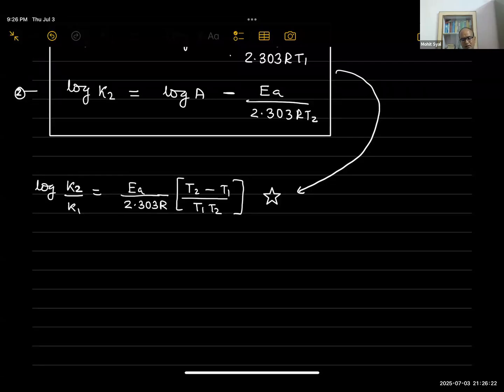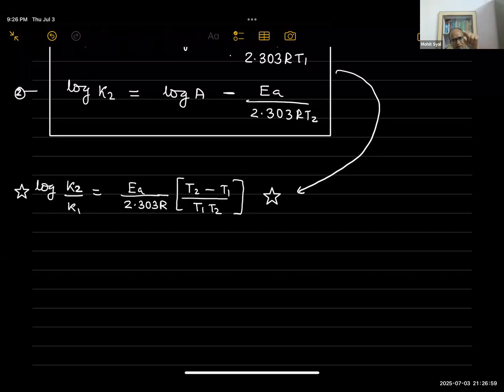So this you are going to use to calculate the new value of k if you have the original one. How are you going to calculate the new value of k? Tell me. You will put log k2 by k1. K1 is the original value which you are going to put here.